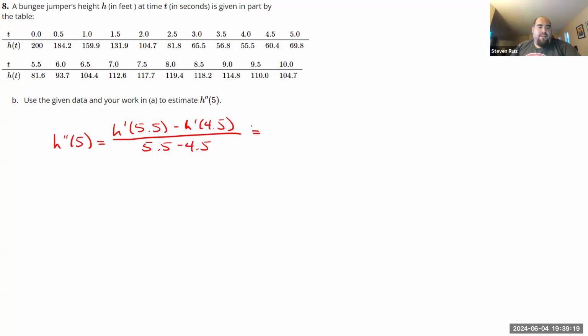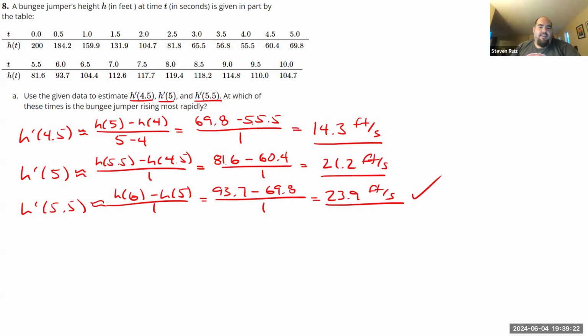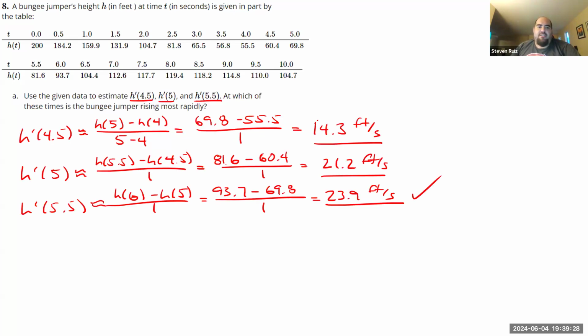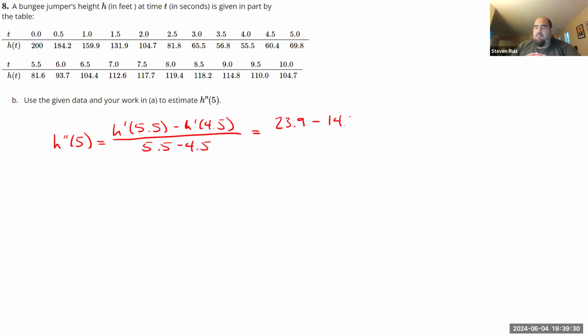So let's remind ourselves, what is h prime of 5.5? That is 23.9. And what is h prime of 4.5? That is 14.3. All over 1 second. So that comes out to be 9.6.